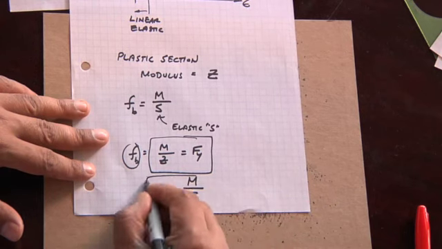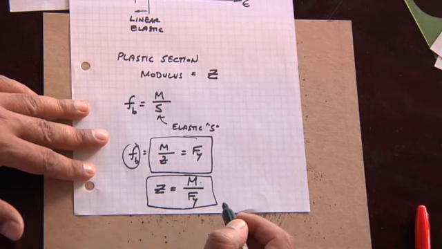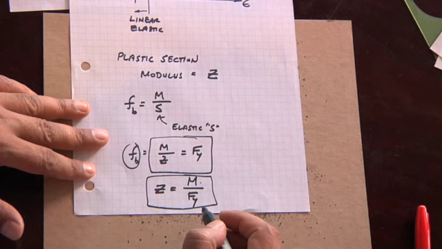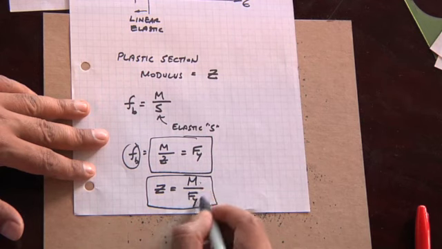And so in order to calculate that, we need to calculate the moment. We already have the yield stress, but we have to calculate this based upon factored loads. So let's do that. We'll go back to the problem statement, and we're going to calculate this based on factored loads. There's two ways to solve this problem, and we'll do it both ways.